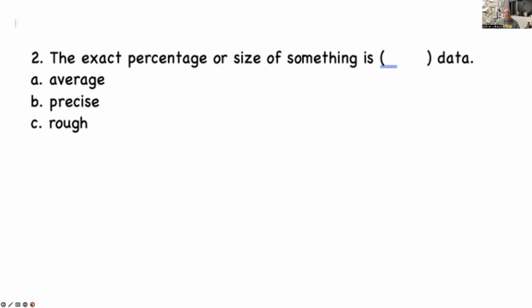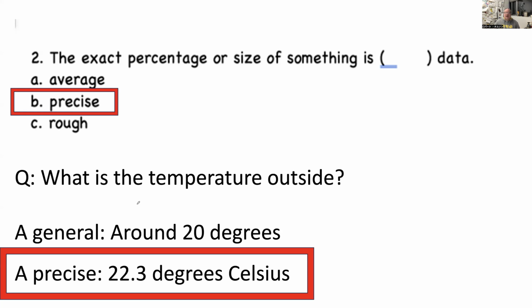Okay, good. Number two, the exact percentage or size of something is what kind of data? Average data, precise data, or rough data. Five seconds, stop your video. Okay. The answer is precise.